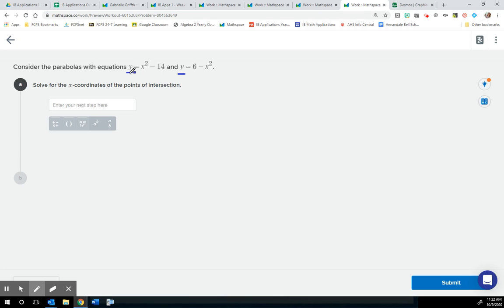So because y equals y, right? That's kind of a silly statement. But because y equals y, that also means that the right-hand sides of both equations are equal to each other. So I'm going to start with x squared minus 14 equaling 6 minus x squared. And I'm going to use this equation to solve for x.